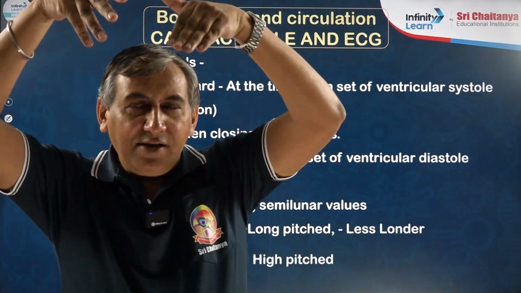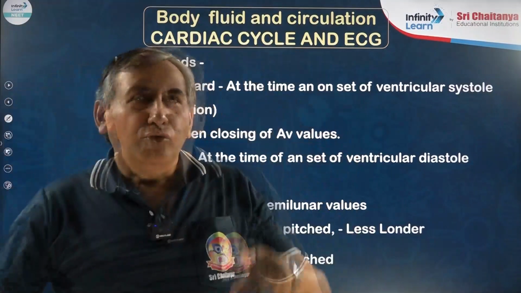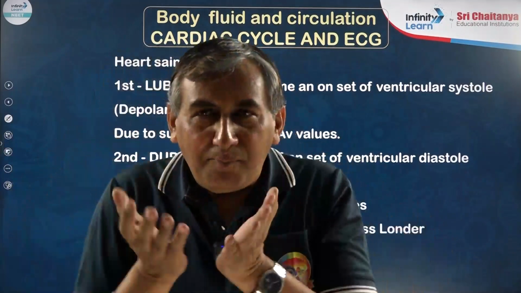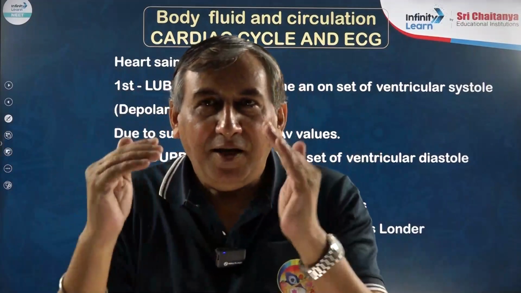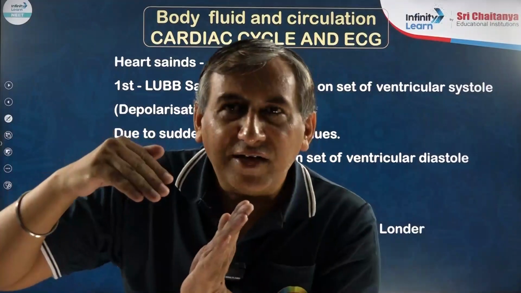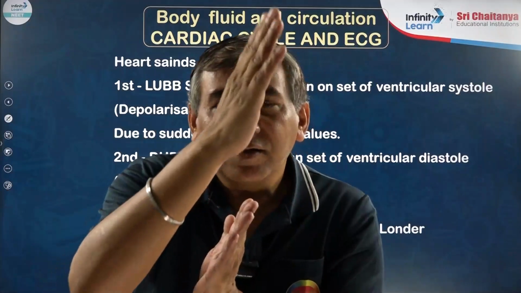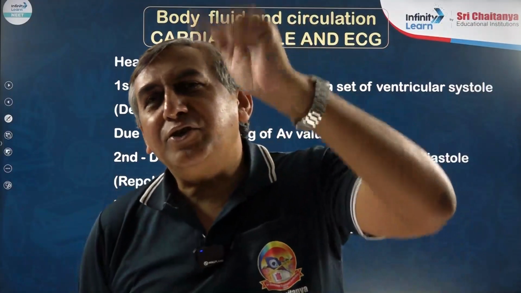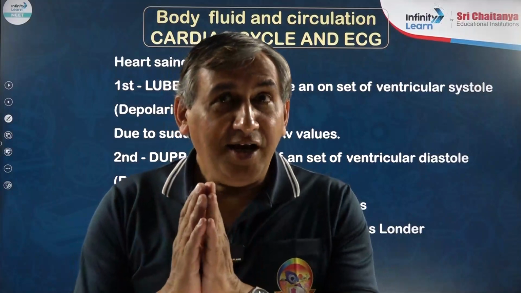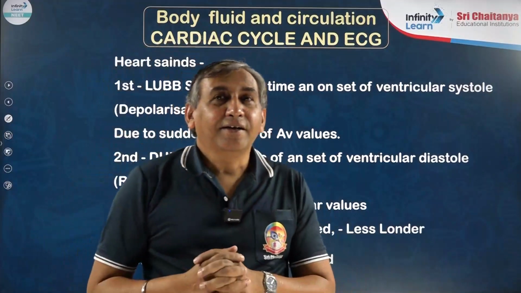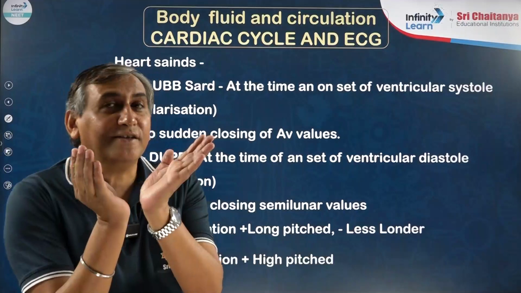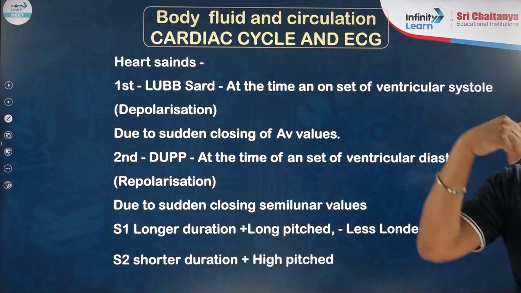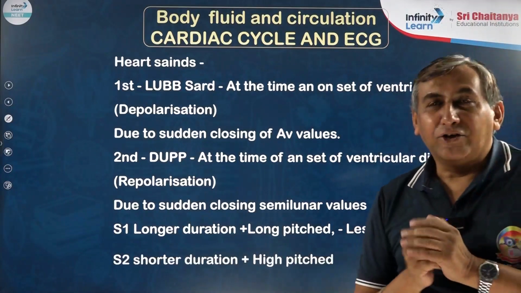Blood from the atria came into the ventricle due to the opening of the tricuspid and bicuspid valves. Now the blood is in the ventricle. Now from the right ventricle the blood will move to the pulmonary aorta, and from the left ventricle it will move to the systemic aorta. This is the common thing. But there is a probability that when there is contraction in the ventricle, the blood will also try to go back into the atria.